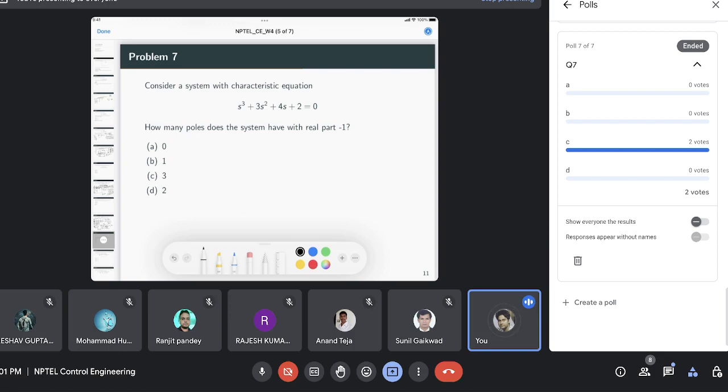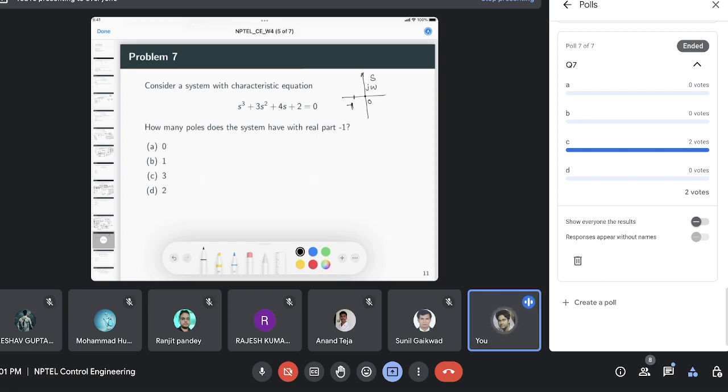Now the question is how many poles have real part -1. So just draw this picture. This is the S plane, this is the imaginary axis, the j omega axis, and this is -1. If the real part is 0, that means only imaginary poles, and you know how to compute how many imaginary axis poles there are.